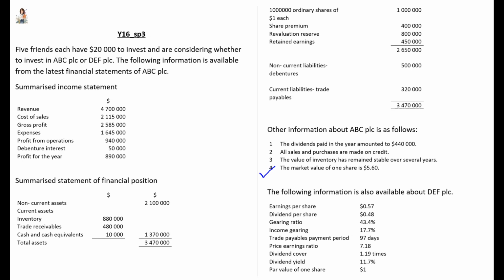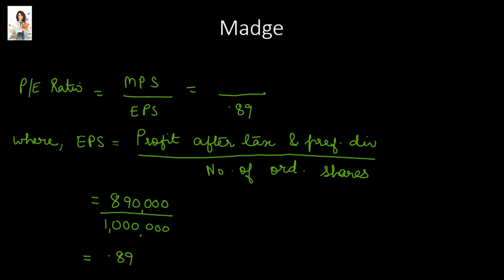The market price of one share is $5.6. That is given to us in point 4 of additional information. So the numerator is 5.6, and therefore the PE ratio is 6.29. That means investors are willing to pay 6.29 years earnings for one share of ABC PLC.